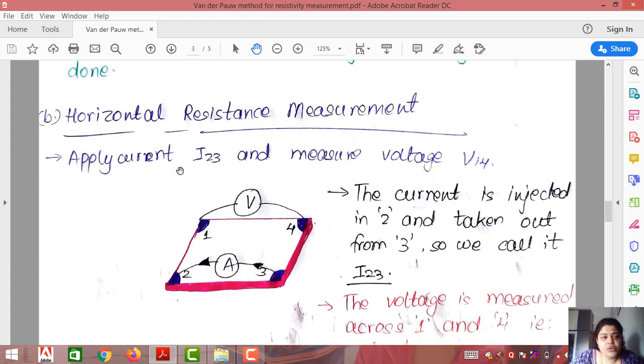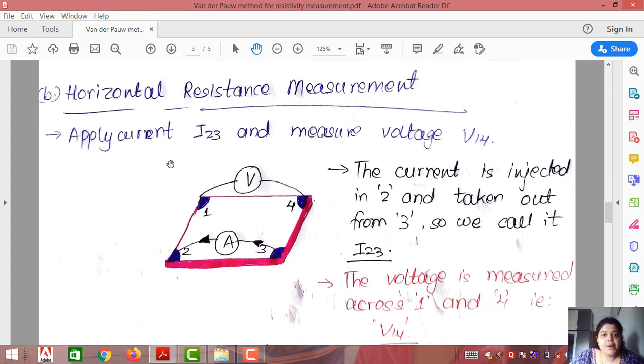Now let us move on to the horizontal measurements, part 2 of the method. In this case, what is done? These were the two vertical arms. The current source and the voltmeter are removed, and now they are connected to these two horizontal arms. So apply the current I23 and measure voltage V14.